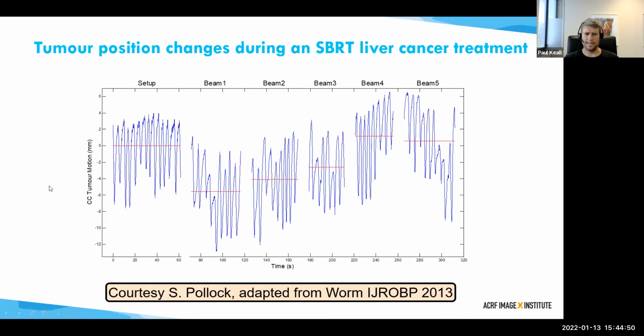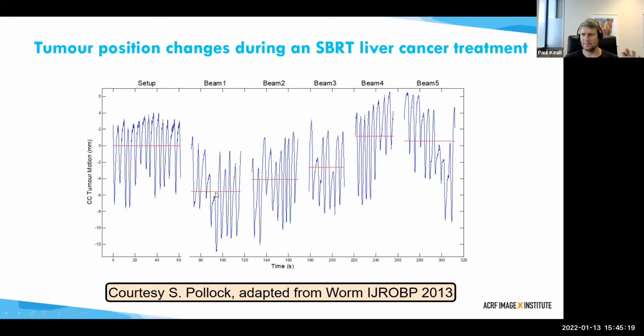That was for a lung cancer case. Similarly for a liver cancer case, this was a patient with liver cancer treated with 5 different radiation beams. They set the patient up where they had assumed the patient would remain at the time of treatment.